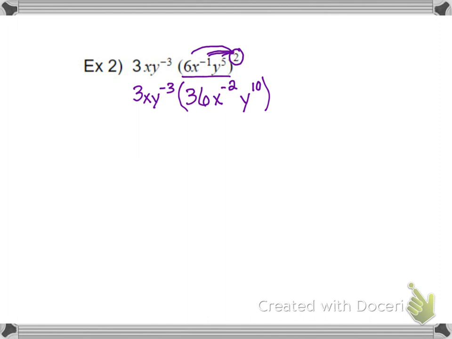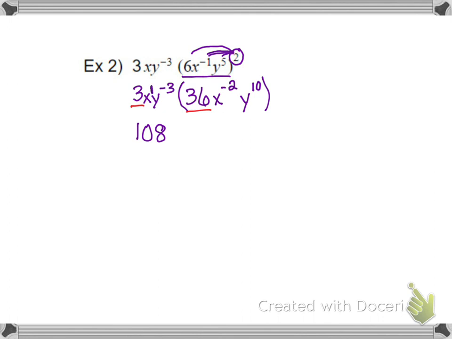Now we can multiply what we have left together. So starting with the coefficients, you're going to take 3 times 36, which is 108. Then you've got x, and remember if there's no exponent on it, it's like a 1.